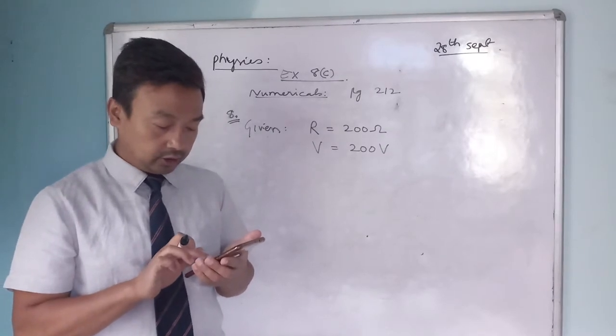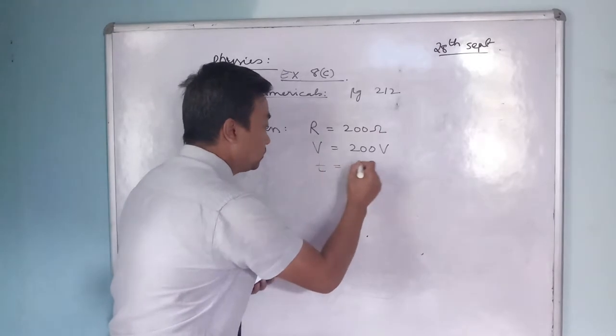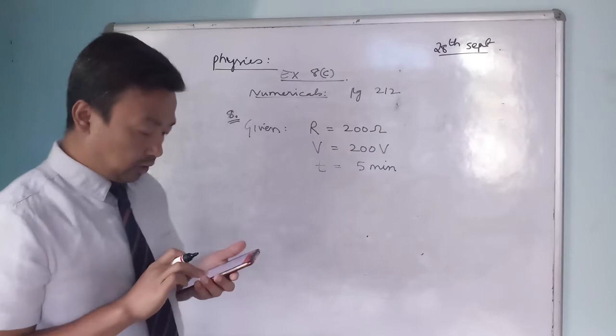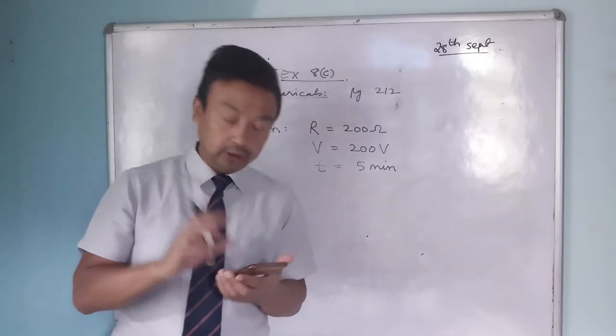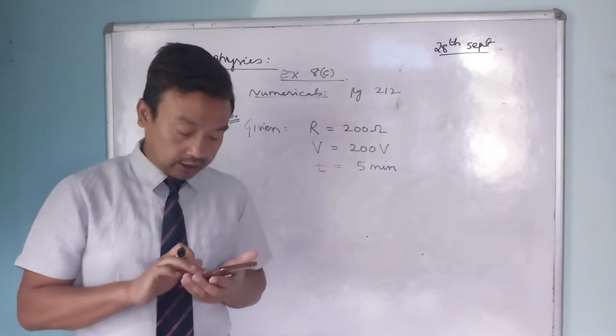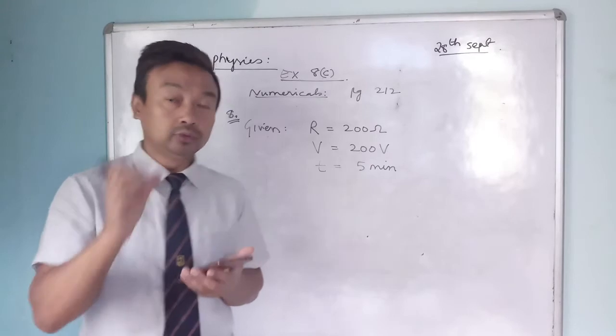Calculate the energy consumed by the appliance in 5 minutes. Time is given to you as 5 minutes. You have to find the energy that is consumed in 2 units. One is the SI unit, that is joule, and the second one you have to find in the kilowatt hour, which is the commercial unit of the energy.